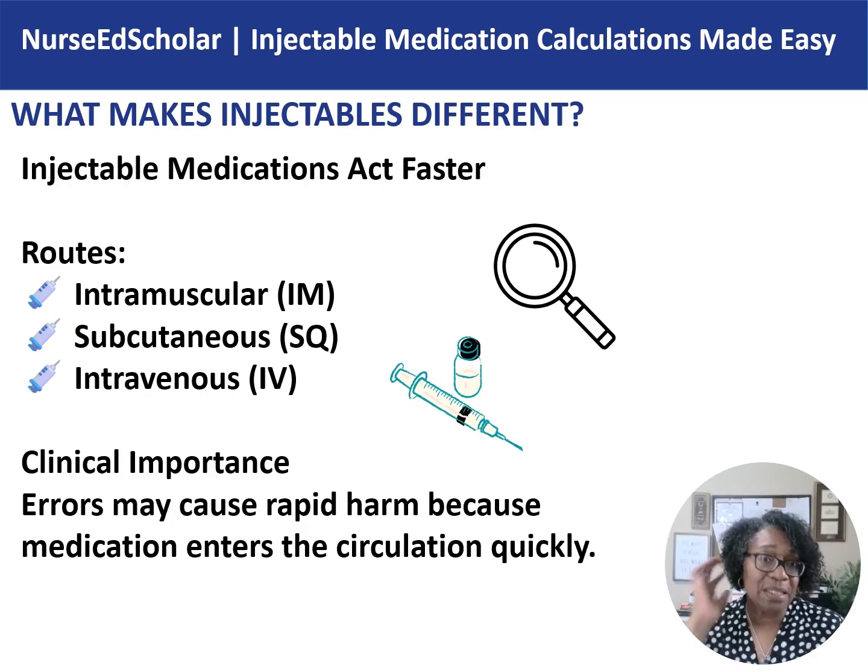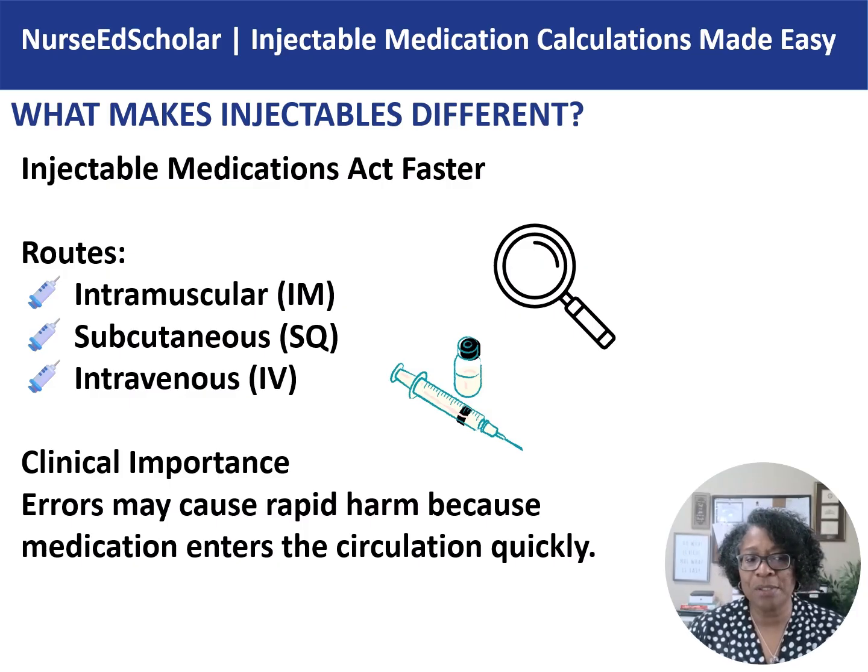I want to start off with this slide because, what is an injectable medicine? Injectable medicines can be given by different routes. You have your sub-Q, subcutaneous, your IM, intramuscular, and your IV, which is intravenous.